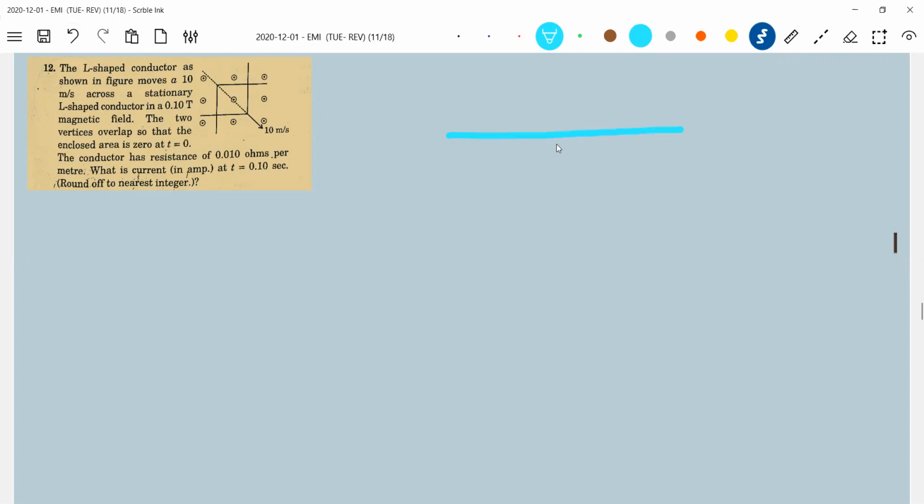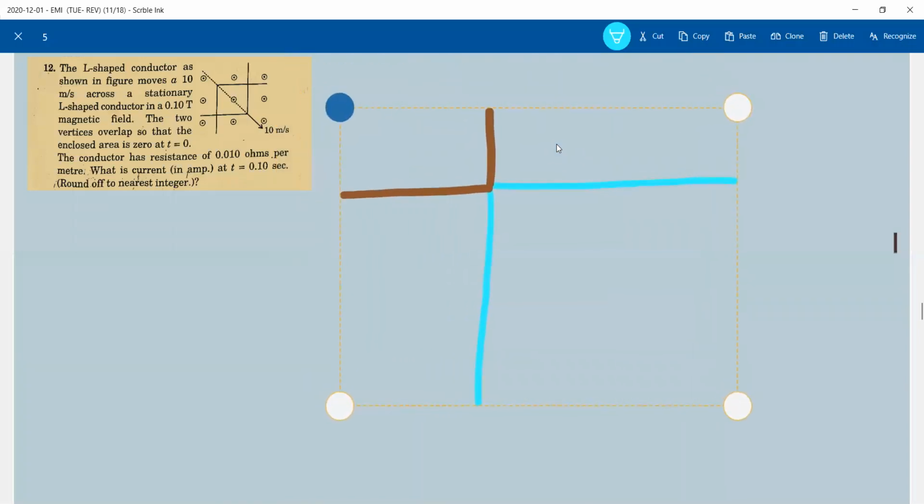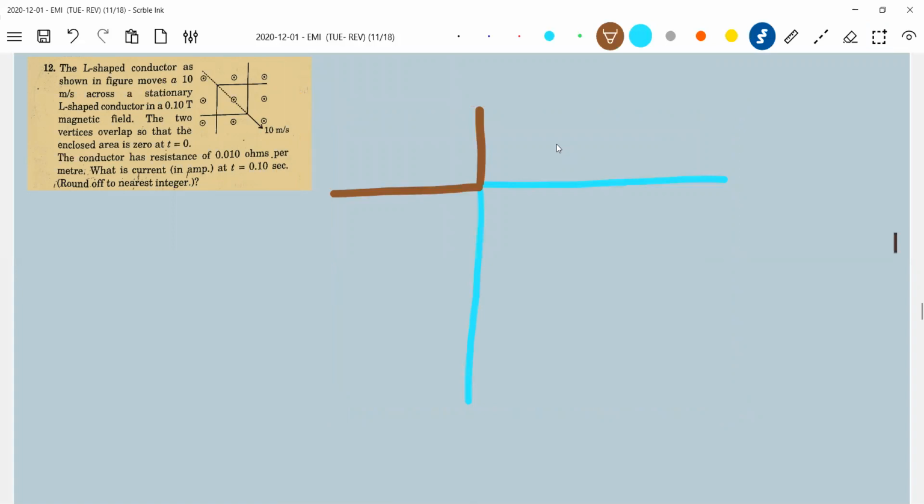There's a fixed conductor. Yeah, we'll go for a diagram like this. This is a fixed conductor.